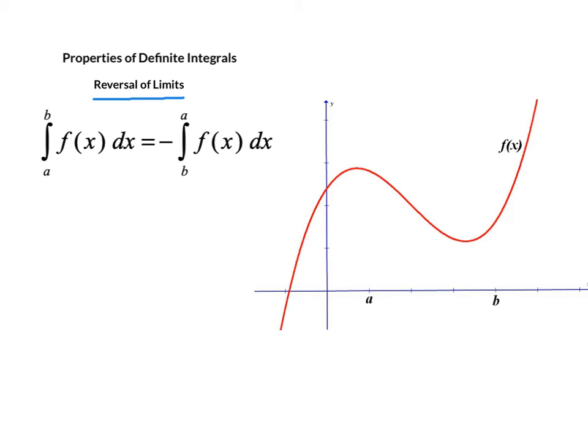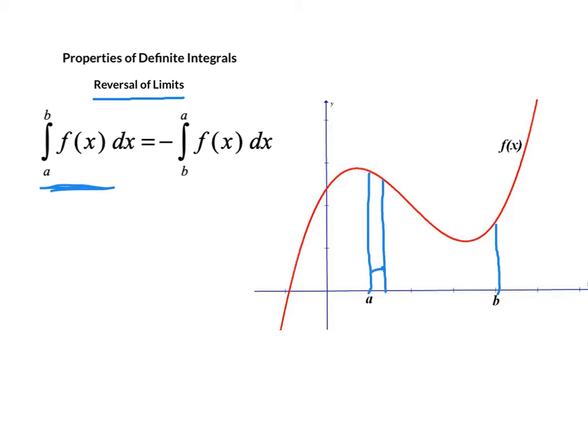So the reason why this works, if you look at it, if we're describing the integral of f of x from a to b, definite integrals are often described as summation, and what we can think of, and in the proof of the fundamental theorem we see this, is that we're accumulating area as we step from left to right.